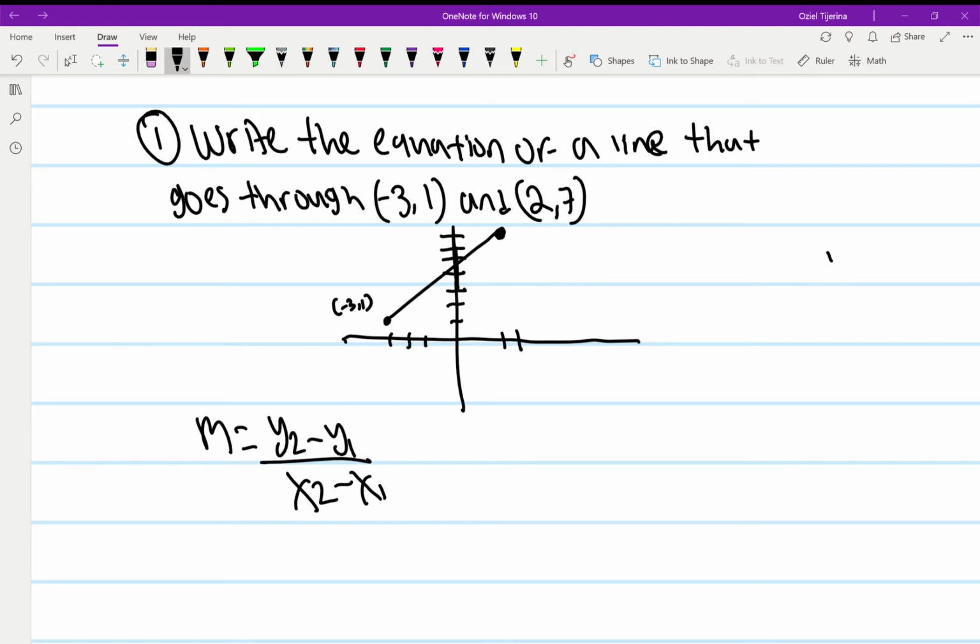We have the first point, -3, comma, 1, right?